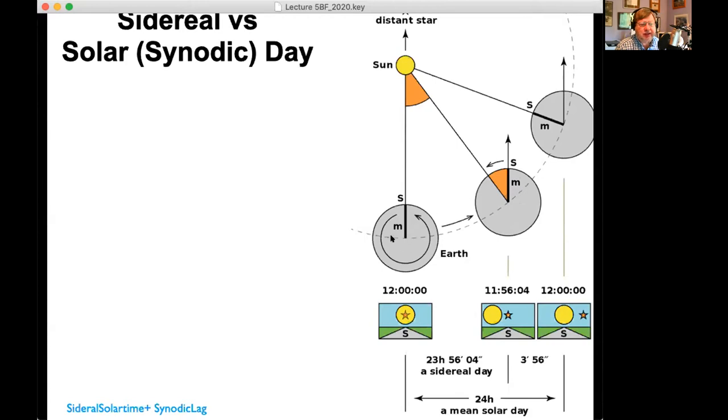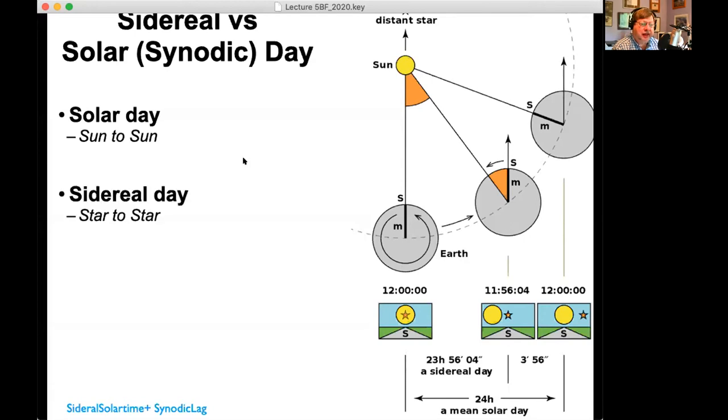So you can see here, you rotate around and you go to pointing to the same star, rotate just a little farther to point to the sun. So our definition of a day is solar to solar. A solar day is sun to sun, and a sidereal day is star to star.